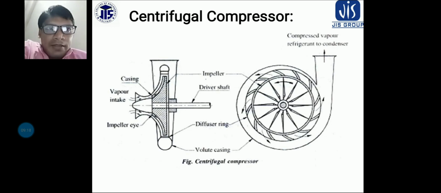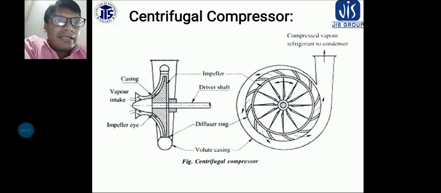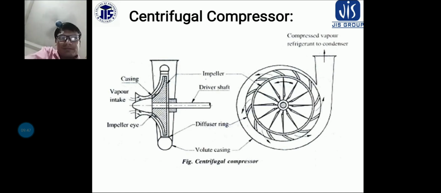Next, the working life is more. The working life of the centrifugal compressor is longer owing to the absence of valves, piston, cylinder, connecting rod, etc. Only the main bearing is the wearing part, so we can say the working life is more.